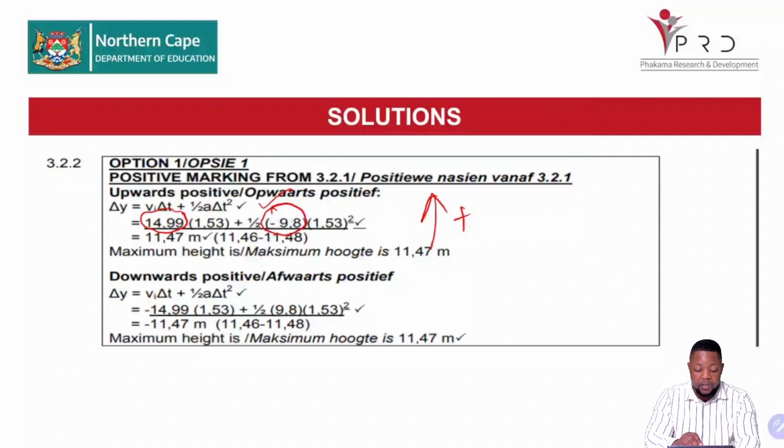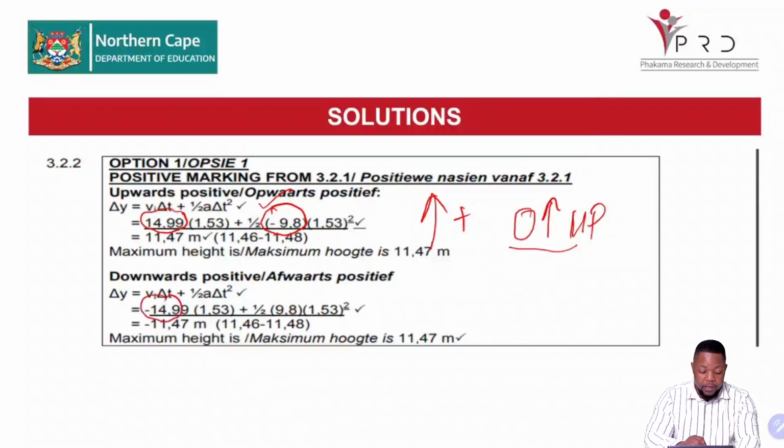Gravitational acceleration and the initial velocity, when the object is going upwards, cannot have the same sign. And when downwards is taken as positive, still they have opposite signs because the ball was thrown upwards.